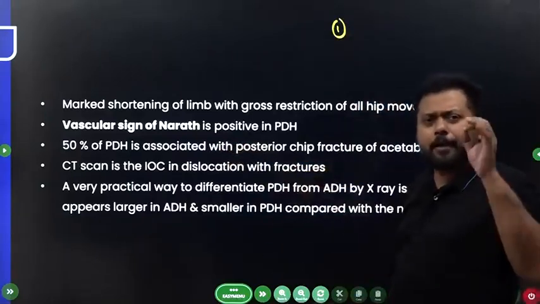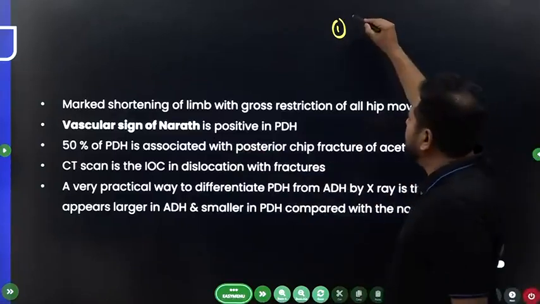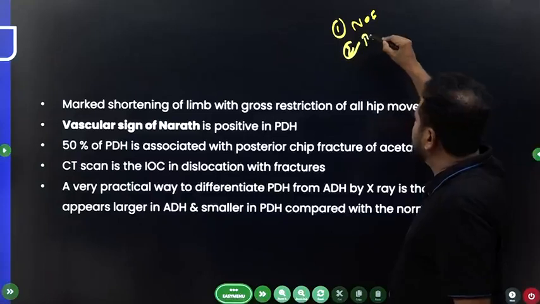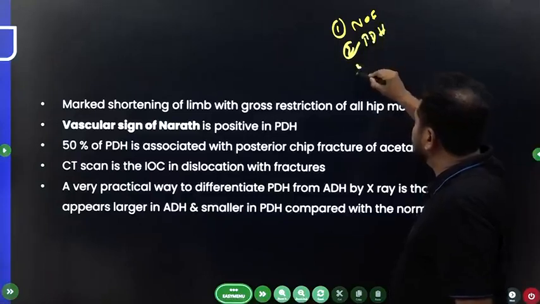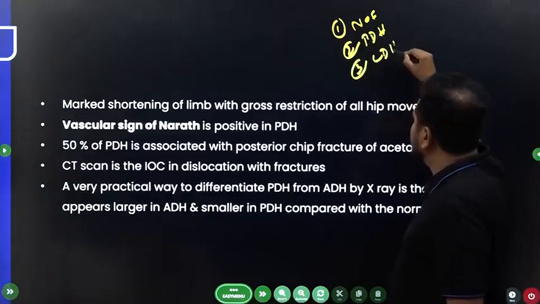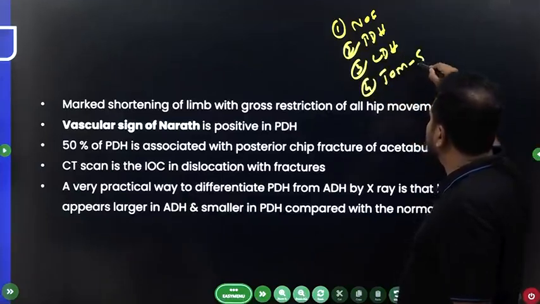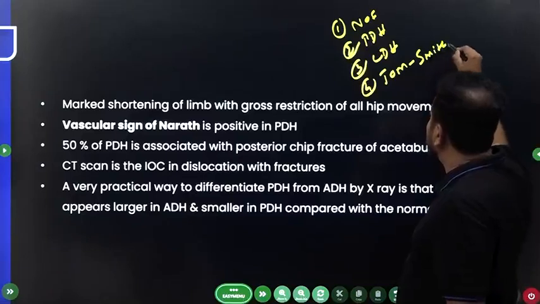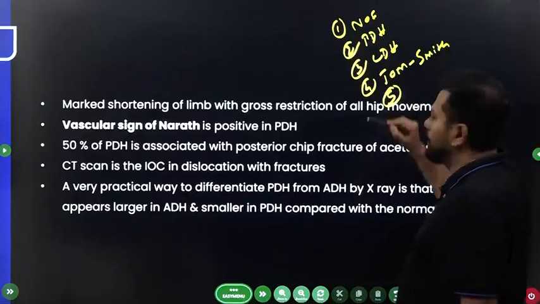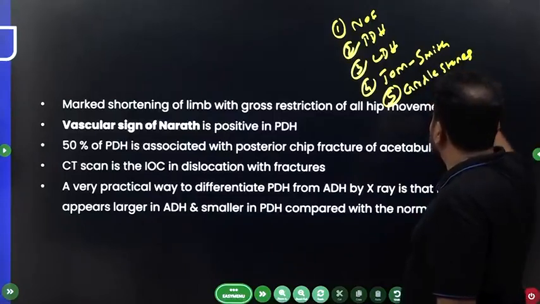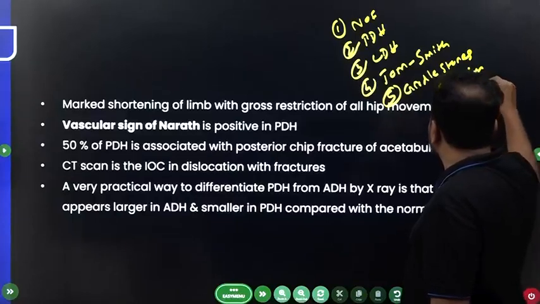The vascular sign of Narath is seen in fracture neck of femur, posterior dislocation of the hip, congenital dislocation of the hip, Tom Smith arthritis, and Girdlestone's excision arthroplasty.